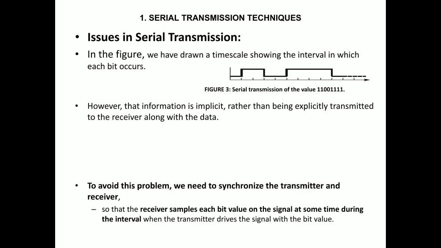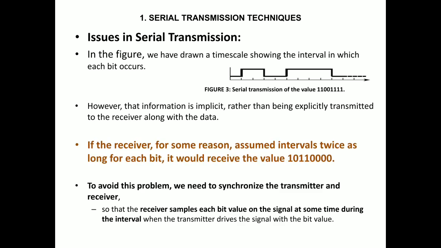Okay, next we shall see how the data transmission may give wrong data if we don't signify which bit is going to be transferred first. This figure is again the same serial transmission of data 11001111. The receiver samples the bit value on the signal at some time during the interval when the transmitter drives the signal with that bit value.